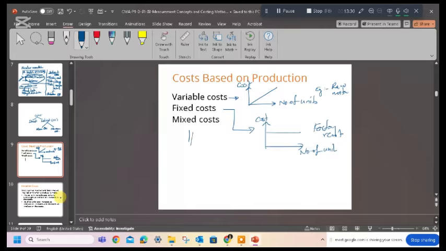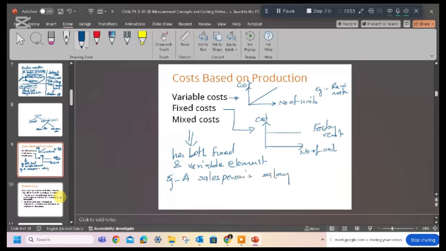Mixed cost means it has both fixed and variable elements. How is that? A salesperson's salary: basic $1,000 plus incentive $10 per unit.